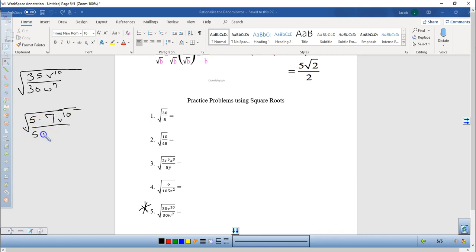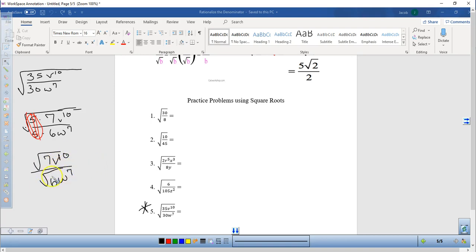Down here, 5 multiplied by 6, w to the 7th power. 5's cancel, leaving me with 7 v to the 10th over 6 w to the 7th. Nothing else I can do with the numbers. I'm going to wait and do the variables. I'm going to go ahead and rationalize from this point.